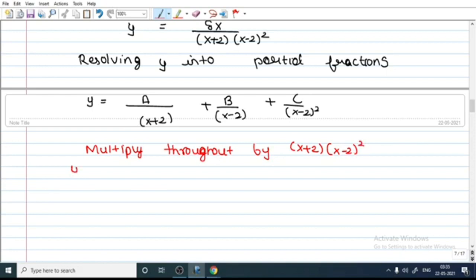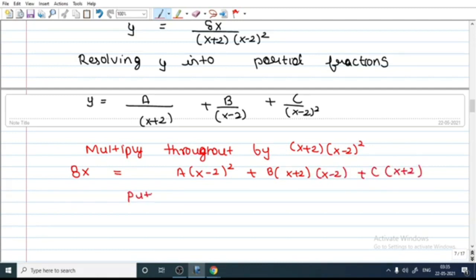So finally we will be left with 8x equals a into x minus 2 the whole square, b into x plus 2 into x minus 2 and c into x plus 2.